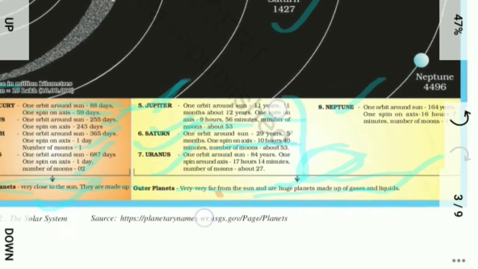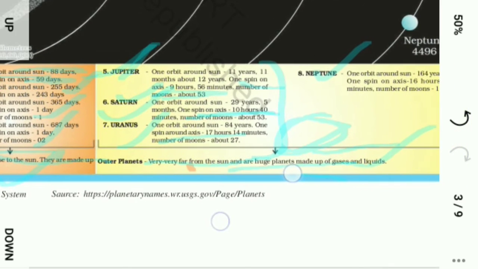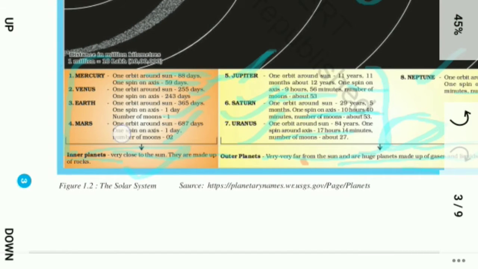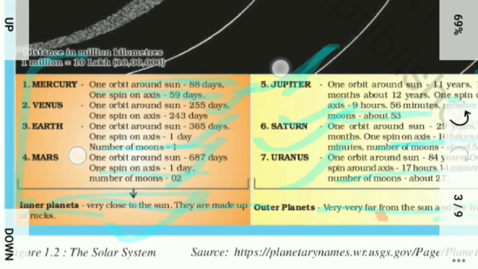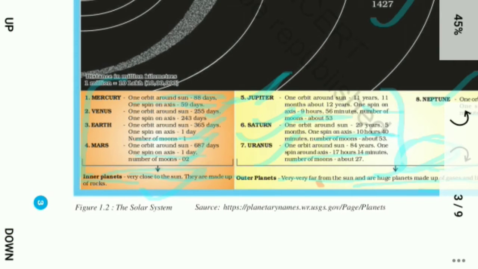It can also be asked about the moons of Uranus, which is 27 in number, and Neptune has one moon, while Mars has two moons and Earth has one moon. Venus has no moon and Mercury also has no moon. So this is data which can be asked in different patterns and combinations.